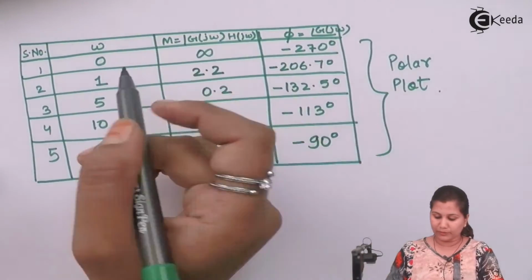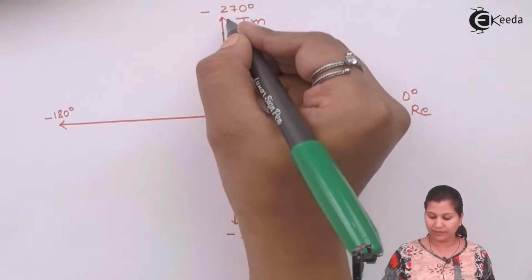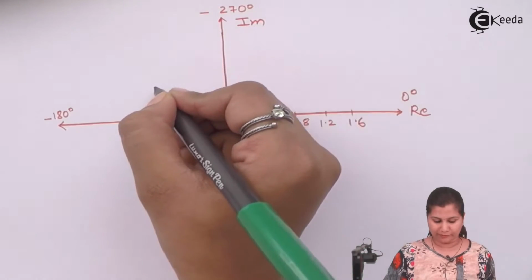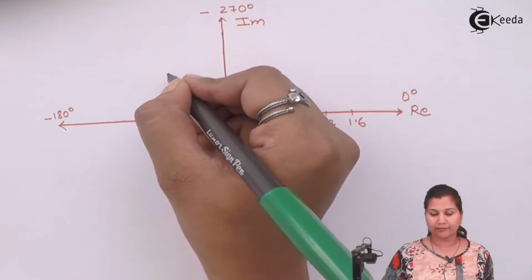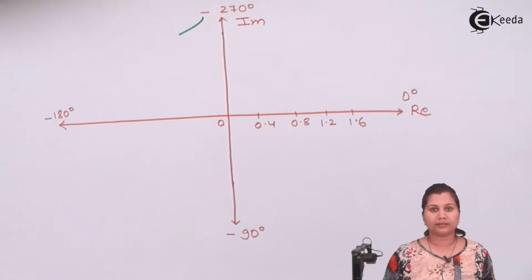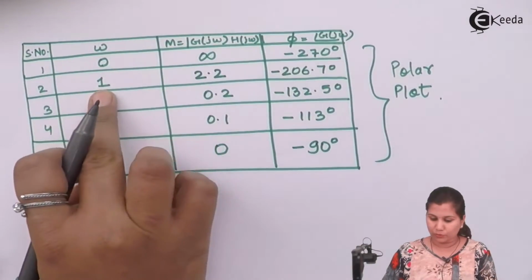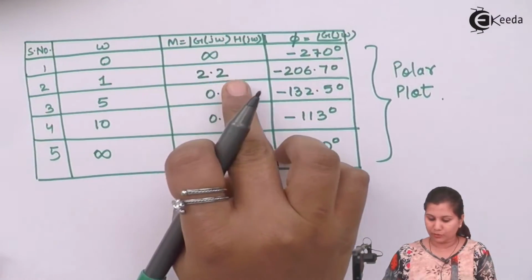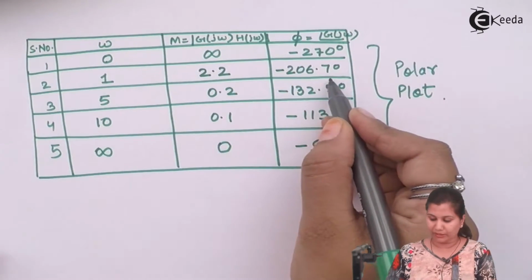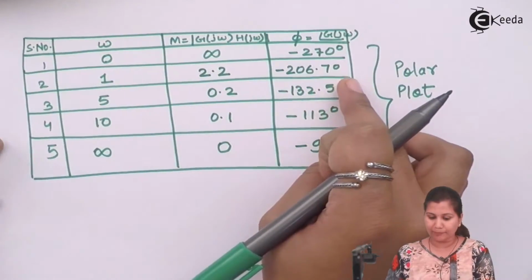Now for omega equals 0, the phase angle is minus 270 degrees, and minus 270 degrees is here. So the plot will start from infinity because the magnitude is infinity here. So the plot will start like this. Then for omega equals 1, we have the magnitude as 2.2 and phase angle is minus 206.7 degrees. So we will draw the line for minus 206.7 degrees.